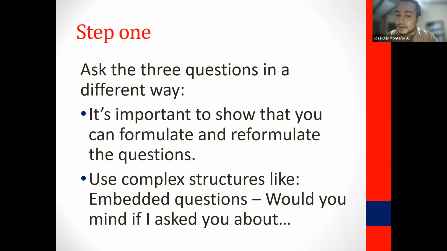And you can ask something like that. It's complex, is well structured, and the question is there. Okay, so this is very important. The first step is to ask the 3 questions you have there, but in a different way, because you need to reformulate those questions by using synonyms or by using a different or more complex structure. Okay, that's the first step.